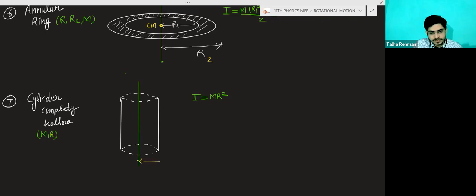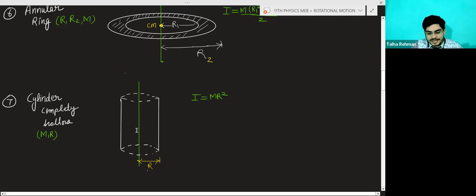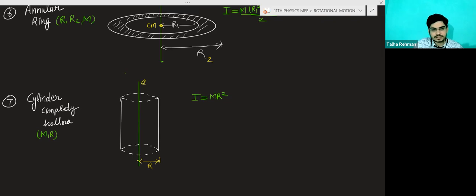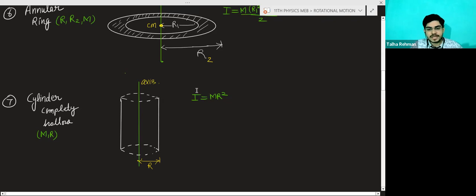About the axis of the cylinder, the moment of inertia will be mr square.